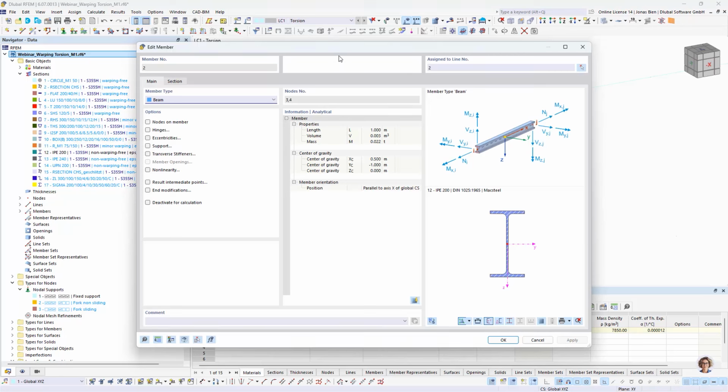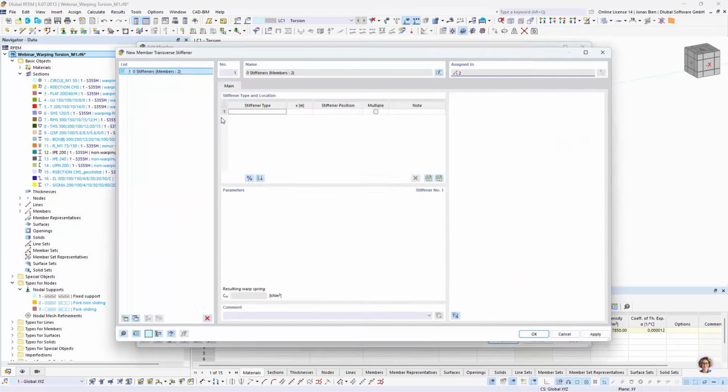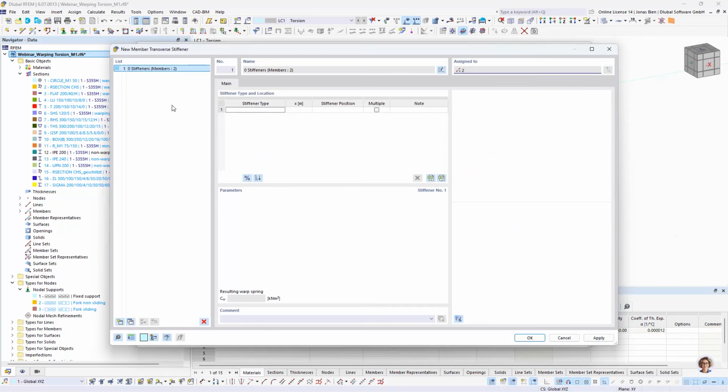So if we go to this member, I just double clicked on it to open the edit member dialog, we can now set transverse stiffeners. Those are only available when we have design add-ons that use transverse stiffeners, or if we have activated our 7th degree of freedom. And under those transverse stiffeners, we can define a new type of transverse stiffeners.